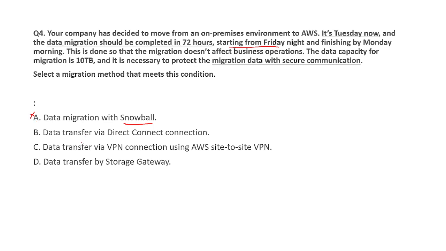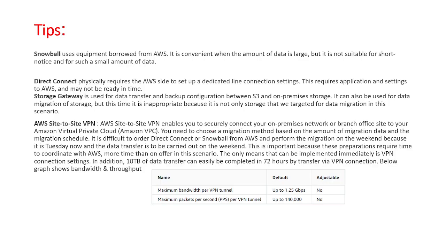Okay, now option B, data transfer via Direct Connect connection. This is also similar because you need to set up a direct connection, which requires physical connectivity and AWS involvement. So this is also a longer one. I have some tips here.